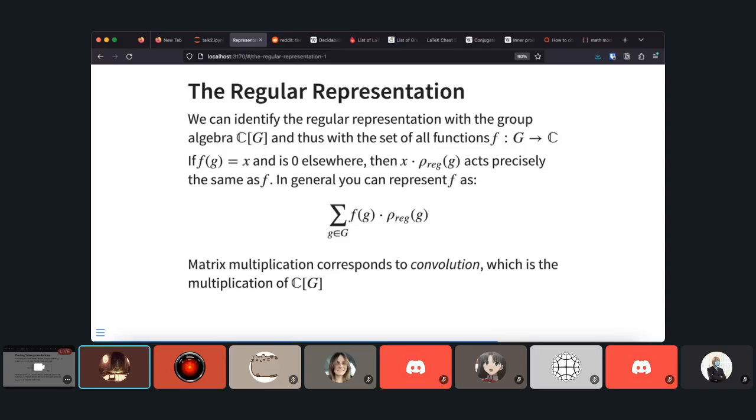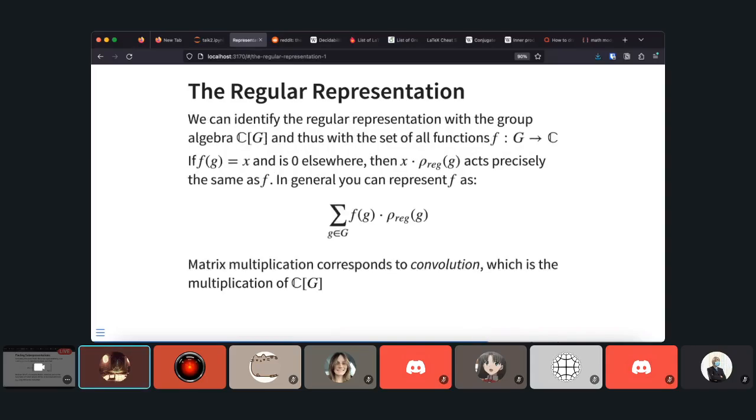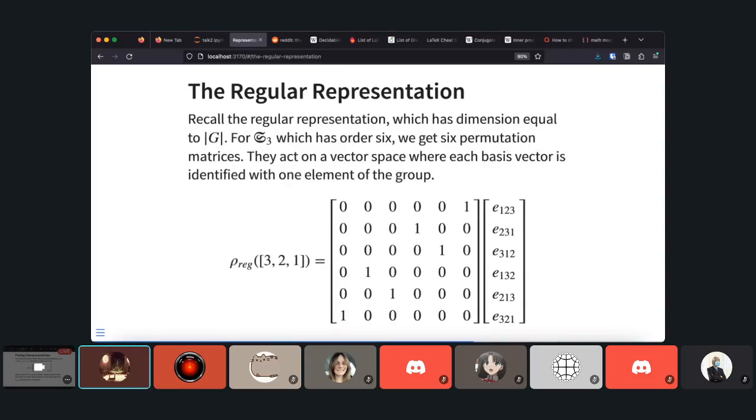The way you do this is, the function maps g to 2, and it maps h to -3, and it maps i to something else. For each of those elements, you get this big matrix, and you just add up those matrices weighted by the value of f. And this is all sparse.